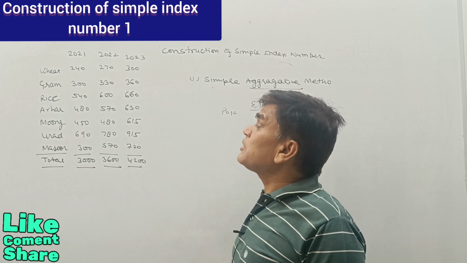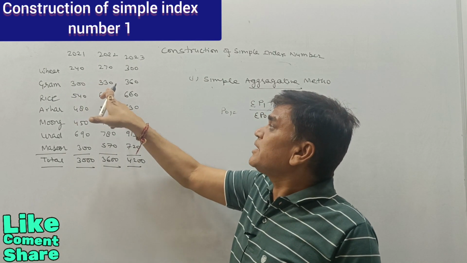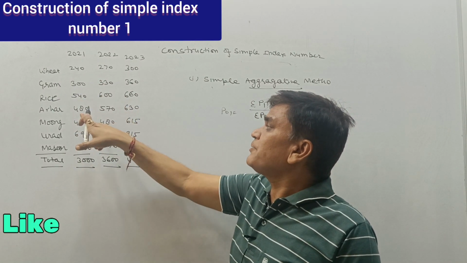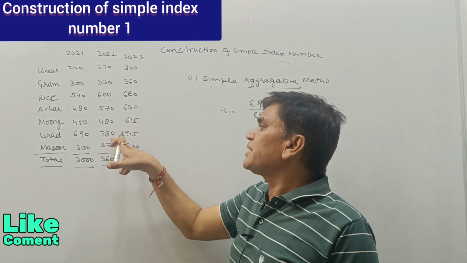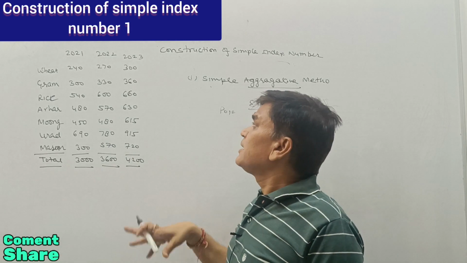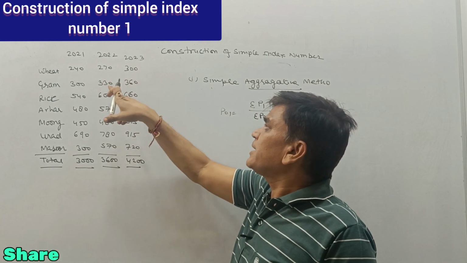The price in 2022: wheat increased to 270, 300 to 330, 540 to 600, 480 to 570, 550 to 480, 690 to 780, etc. In 2023 also the prices increased, 270 to 300, etc.